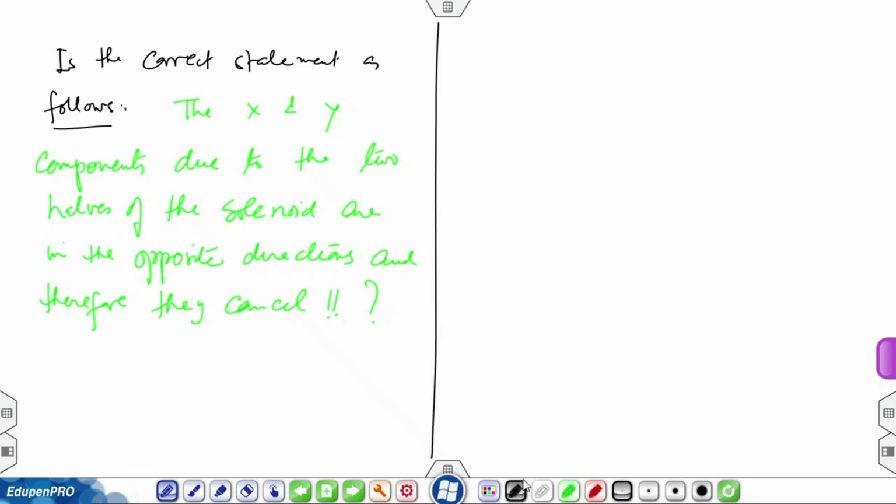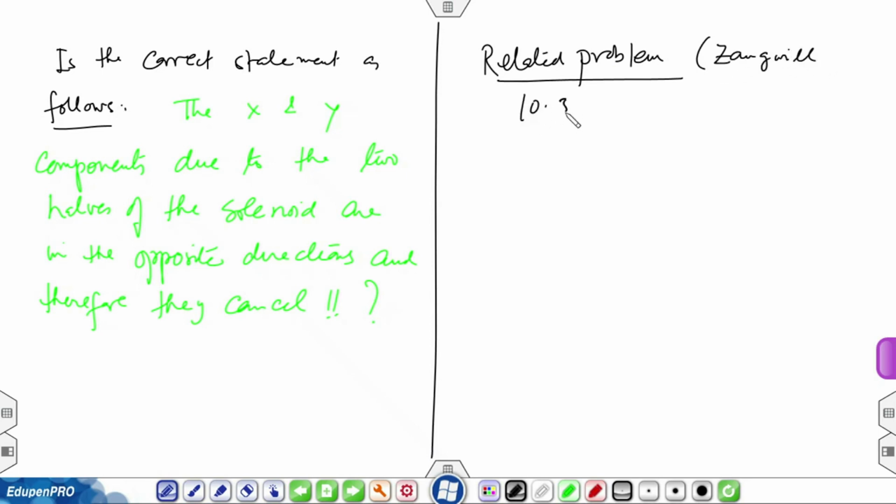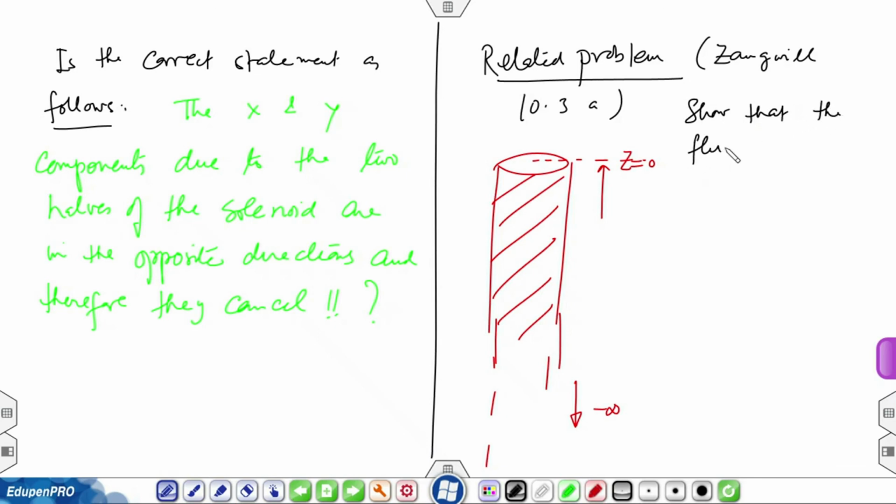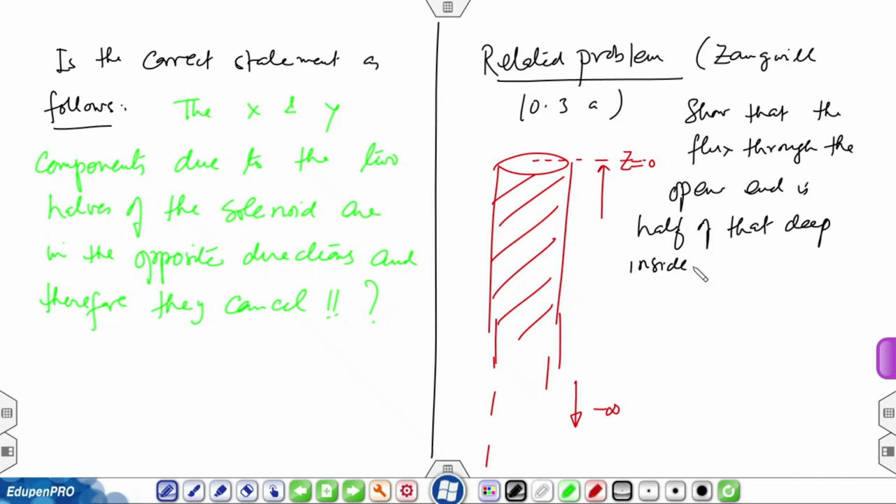A related problem, and this is Zangwill 10.3 part A, is show that the flux passing through a semi infinitely long solenoid, that means one end is at z equals 0, the other end goes to minus infinity, show that the flux through the open end is half of that deep inside the solenoid.